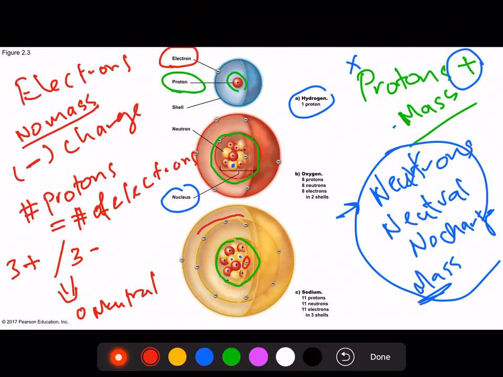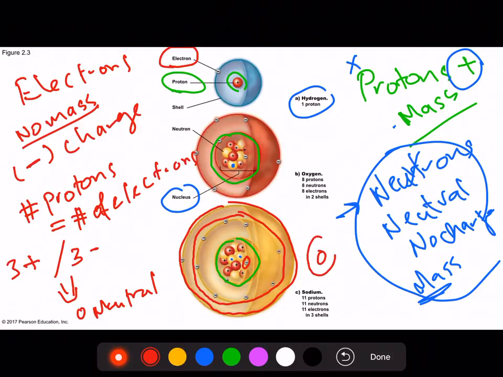There are maybe 8 electrons on the second layer, and there is one electron on the third layer. So there are layers around the nucleus where these electrons can spin within them. Think of these layers as energy layers. Okay, these are energy layers.